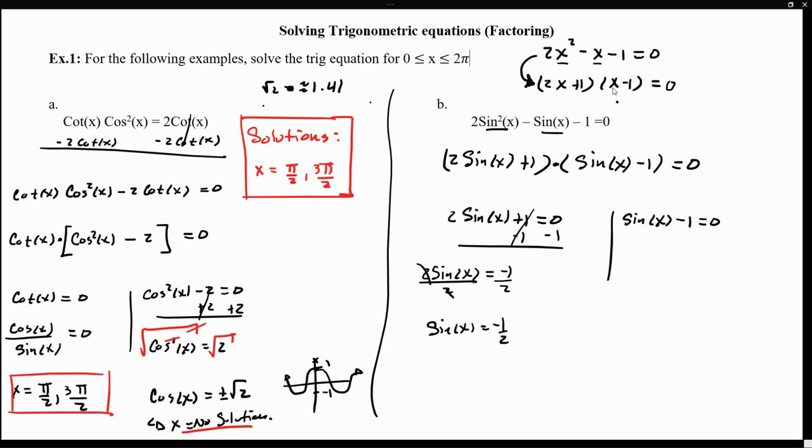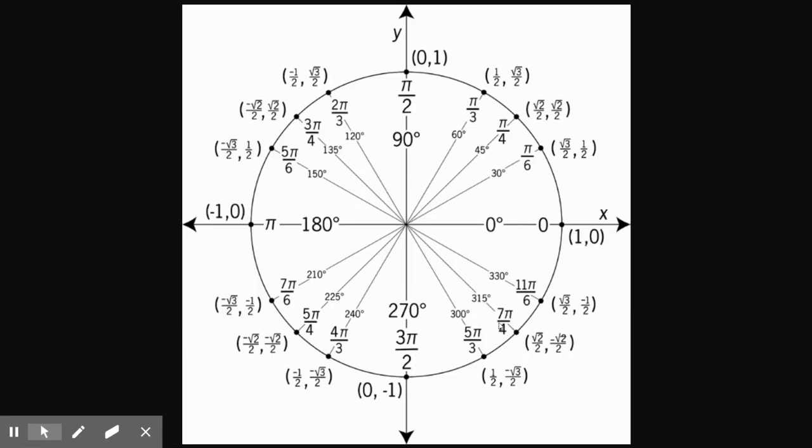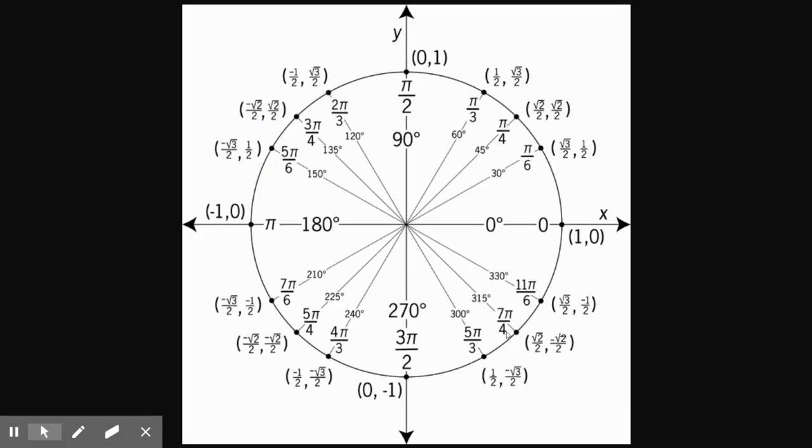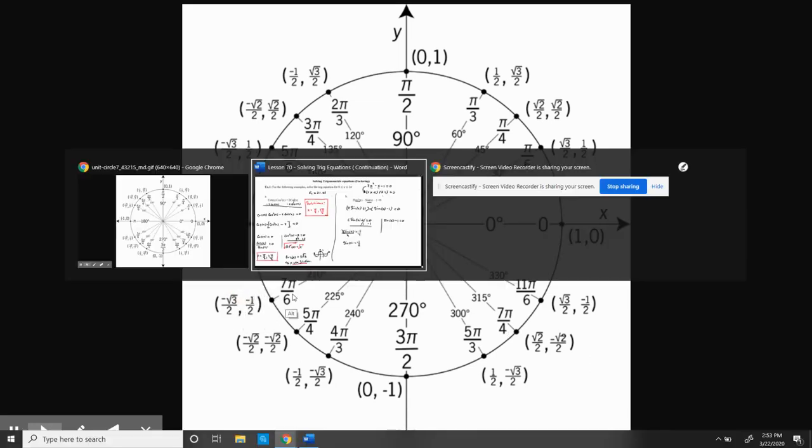Notice that negative 1/2 is one of those values in the unit circle. So let's see where in our unit circle the sine is equivalent to negative 1/2. Notice that we would have one right here. The sine of 210 is negative 1/2. So I know that one of my solutions is 7 pi over 6.